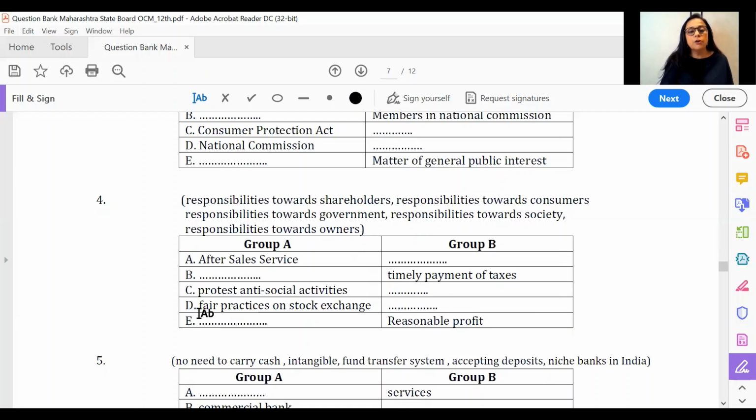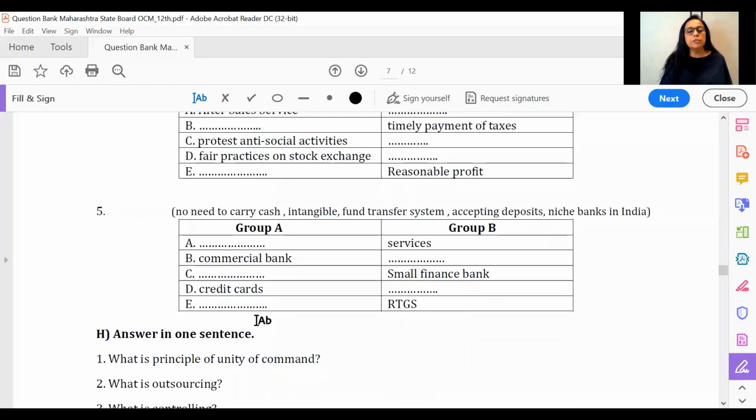Like you will see, fair practices on the stock exchange matches for shareholders, reasonable profits responsibility towards owners, timely payment of taxes, very important, towards government, after sales services towards consumers. So this is how you have these options given, and these are even simpler than match the pair, since you have exactly 5 on both the sides. Otherwise, in match the pair, you have to choose out of 10 options.